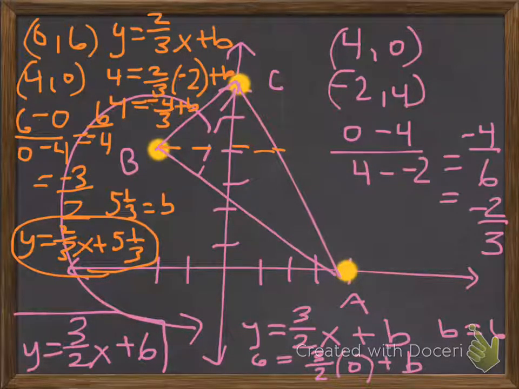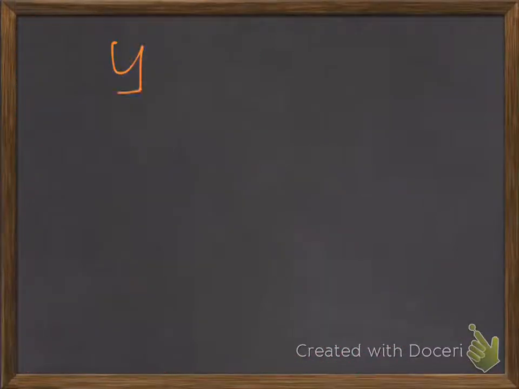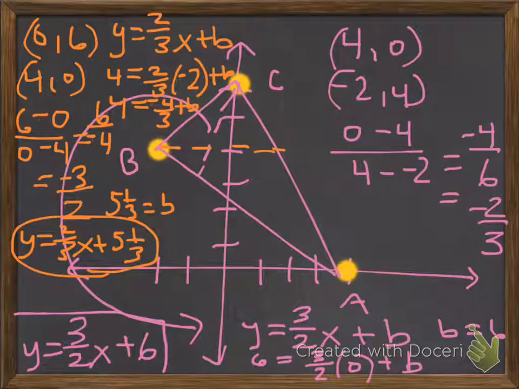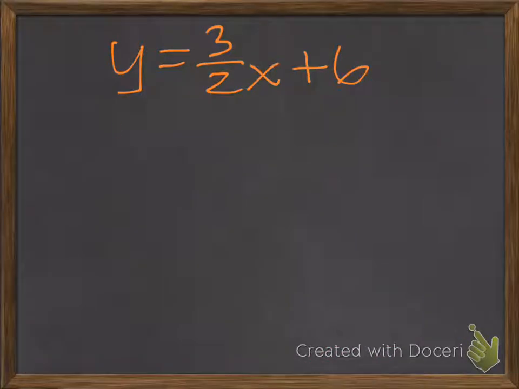So now we have two equations of our altitude. And once we find two equations of the altitude, the point that they intersect at, that's going to be our orthocenter. So we need to solve the system of equations. So I'm going to write these two equations on the next slide. So y equals 3/2 x plus 6, and y equals 2/3 x plus 5 1/3.